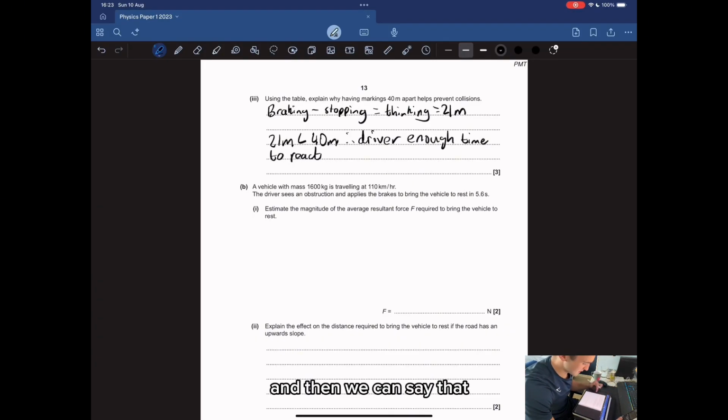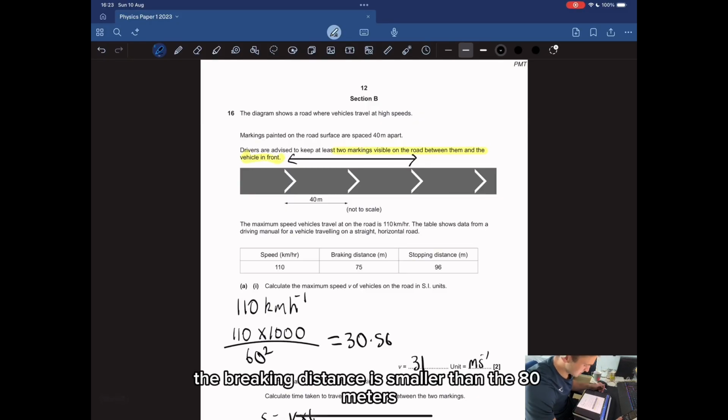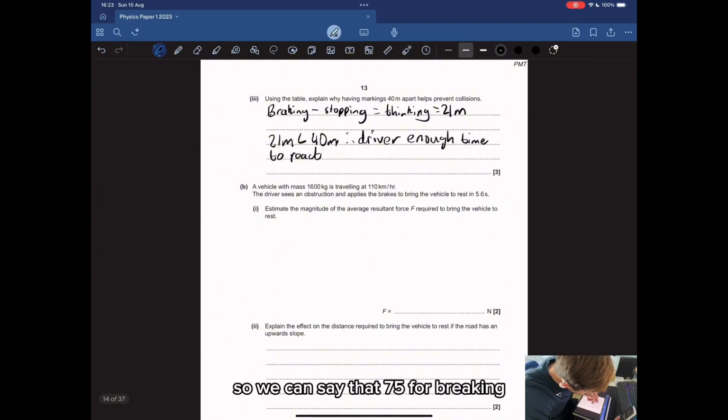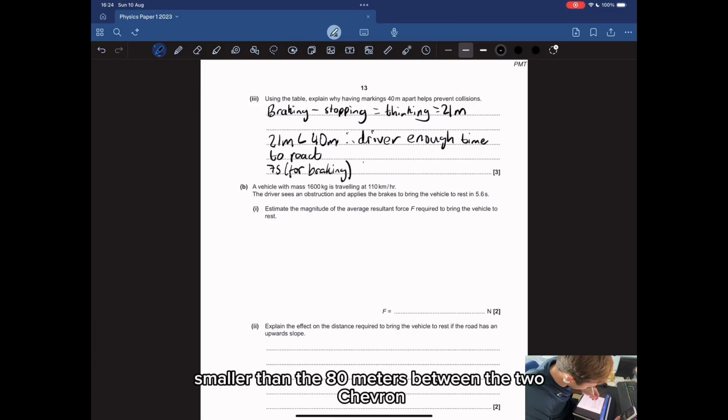And then we can say that the braking distance, 75 meters, is smaller than the 80 meters between the two chevrons.